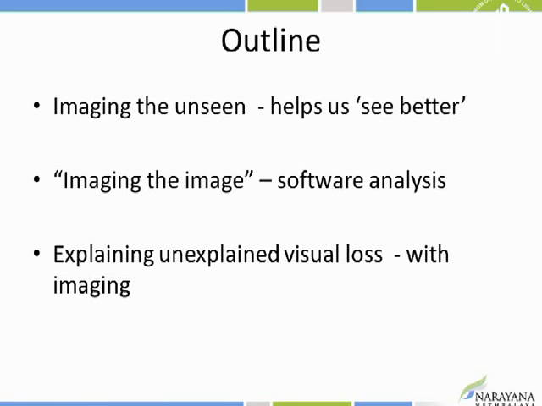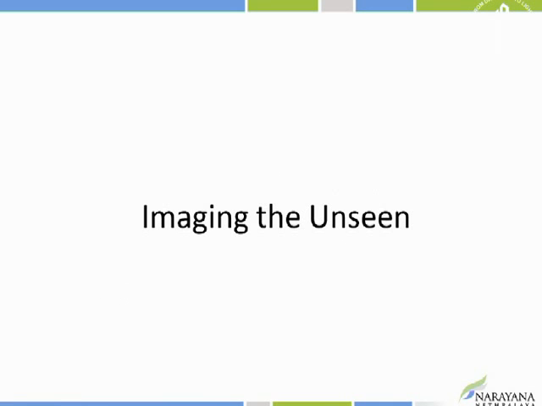Two is imaging the image, which is some experience we've been having with software analysis. And the third is a few cases of explaining unexplained visual loss, kind of a paradox.